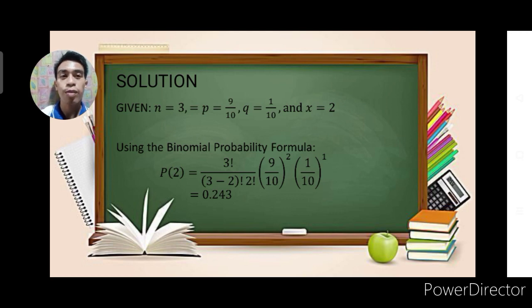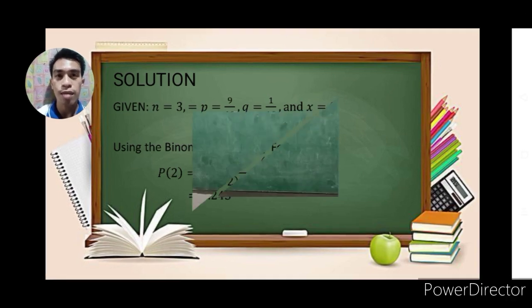Using the binomial probability formula, we have P of 2 equals 3 factorial over the quantity of 3 minus 2 factorial times 2 factorial, multiplied by the quantity of 9 over 10 squared multiplied by 1 over 10 raised to 1. So that is equal to 0.243.